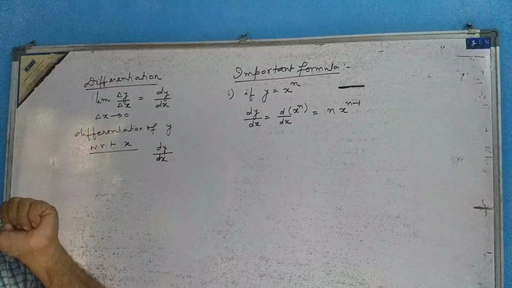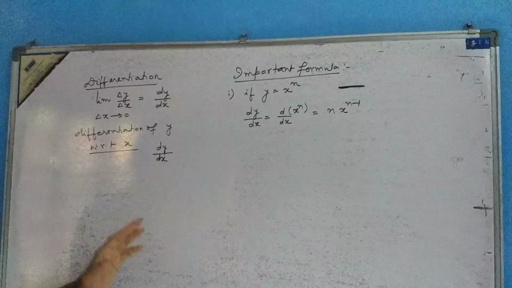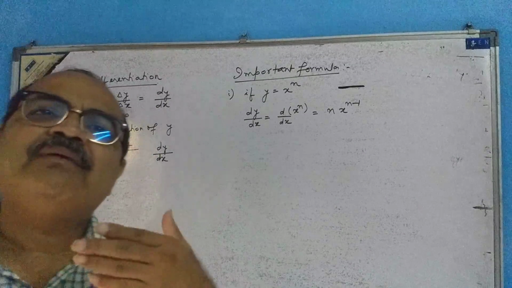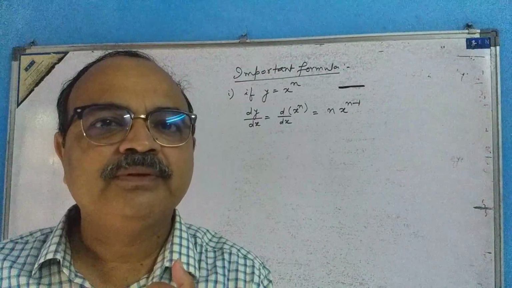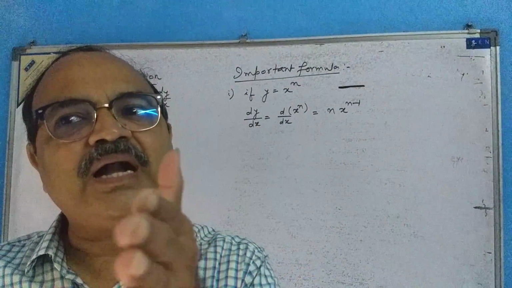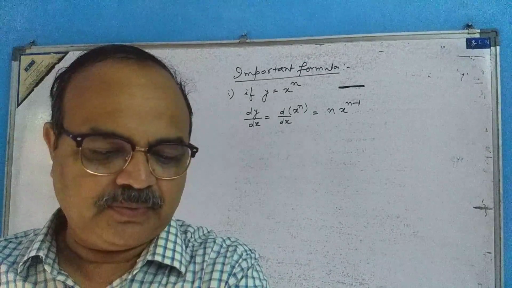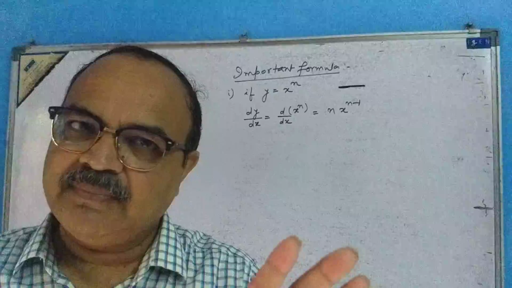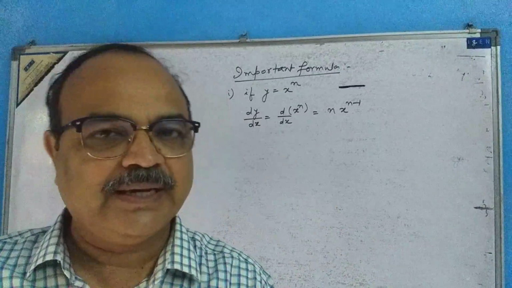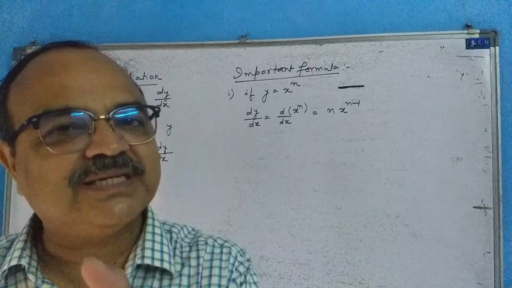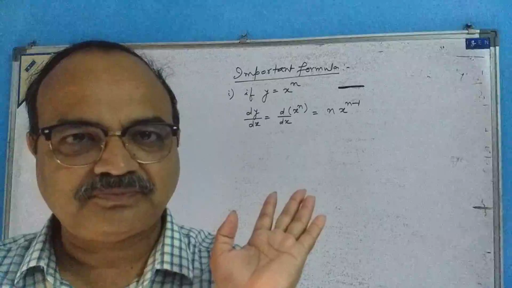Okay? Of y. Now, y may have different values. We are going to differentiate y with respect to x. Because again, my dear student, I am telling you again, we are doing physics, not mathematics.